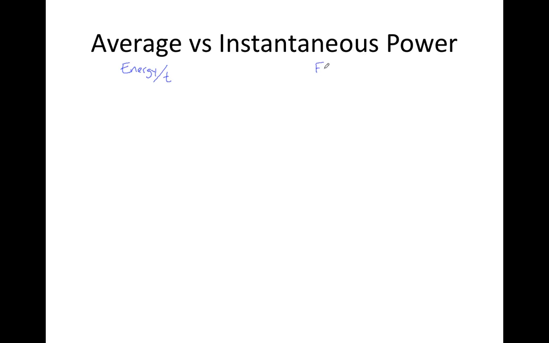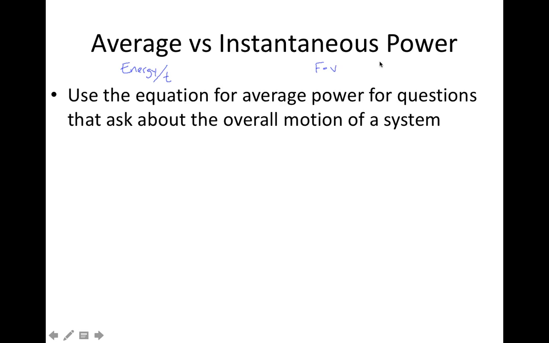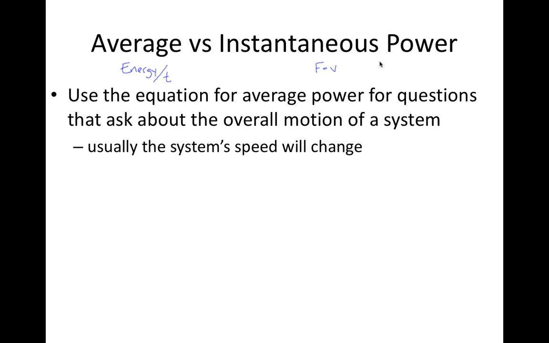Instantaneous power is force times velocity. If a velocity is mentioned, especially if the velocity is constant, then usually we're looking at instantaneous power. So if the question asks about the overall motion and not just the motion of an object or a system at a specific time, usually we're going to be looking at the average power.